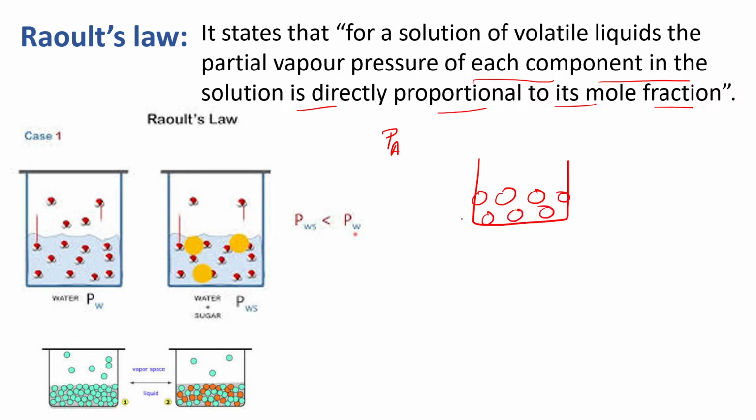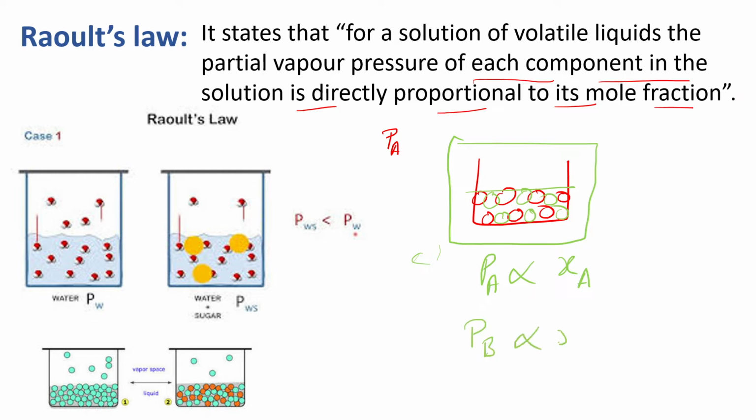Red one is A and green one is B. So these are present in the solution. The partial pressure PA is directly proportional to the mole fraction of the A component. Similarly, the partial pressure of B is directly proportional to the mole fraction of B.